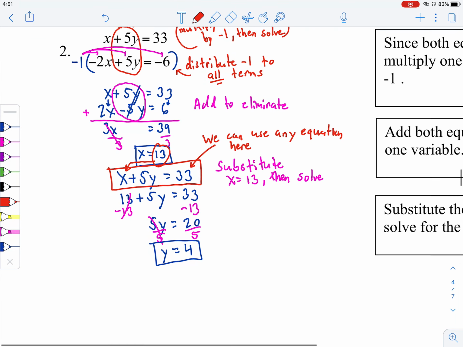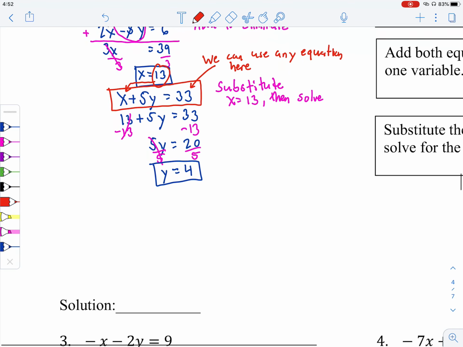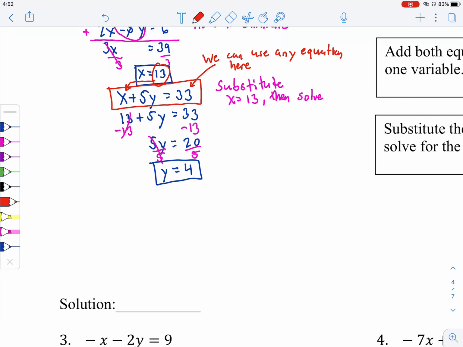Just use either equation. It will work. So we know that x is 13, y is 4. So our solution is going to be 13, 4, because that's our x, y, right? So that's our x, that's our y.